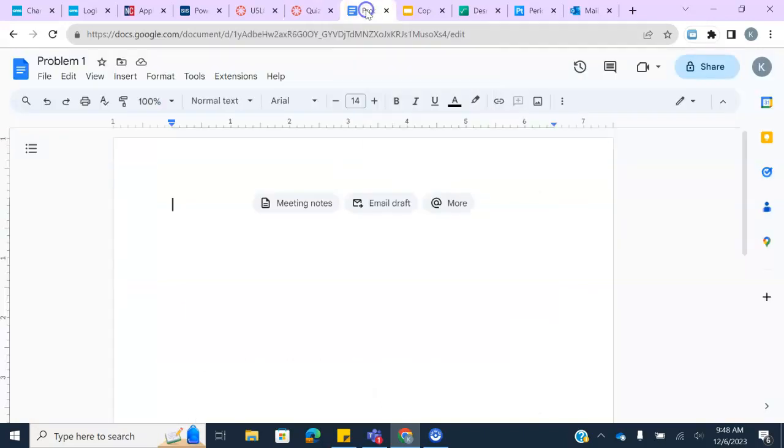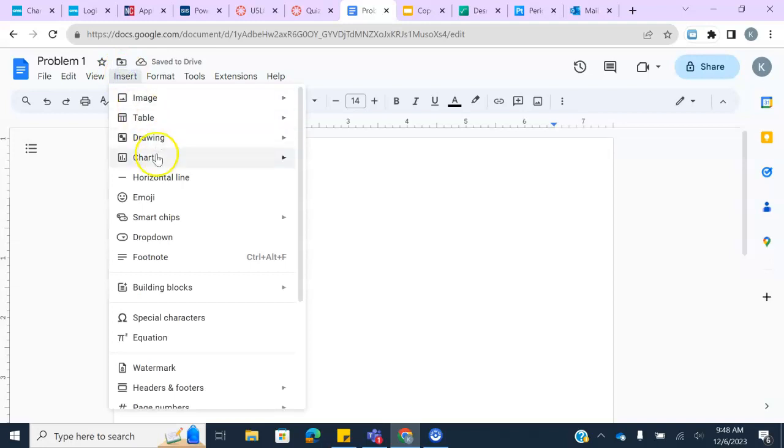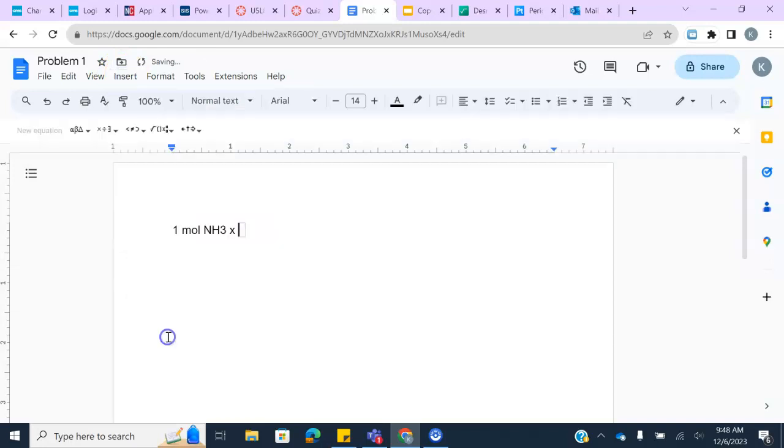Let's start there. Let's start with what we know we have. We have 1 mole of NH3. Now I'm going to get my mole ratio. So remember, when we're doing conversions, the thing that we want to eliminate is always on the bottom, right?